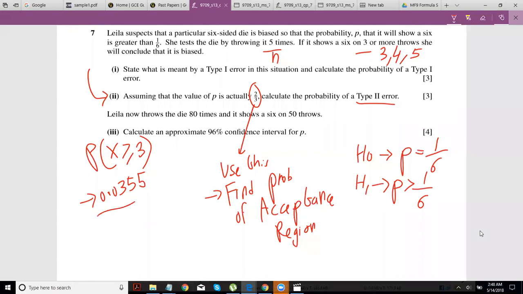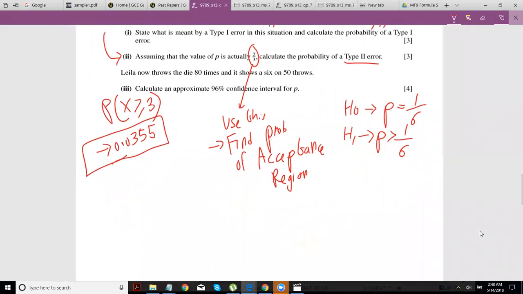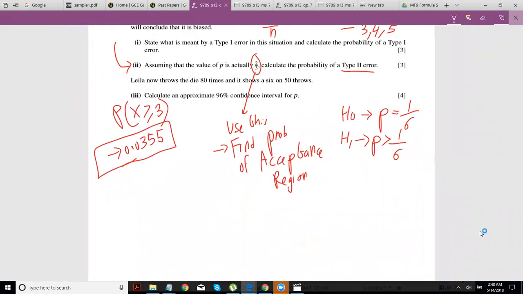And yeah, the probability of the rejection region is this. So basically, you just have to figure out the probability that this will fall in the acceptance region, except you need to figure this out by using the new value given to you of p.